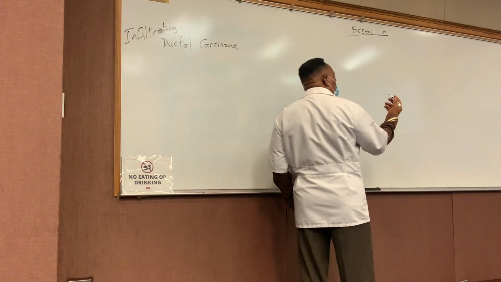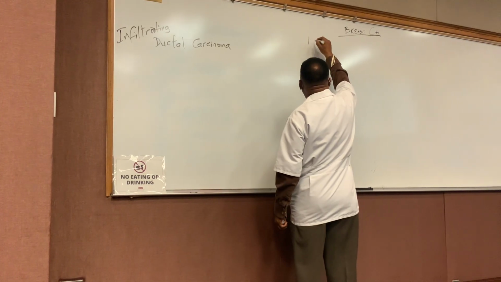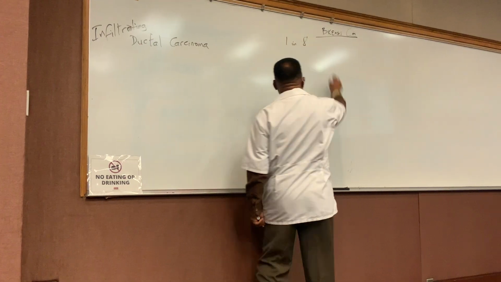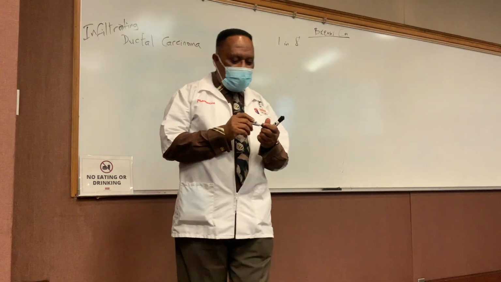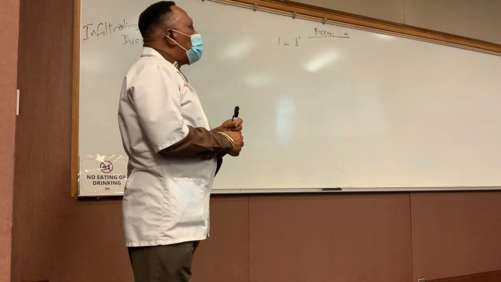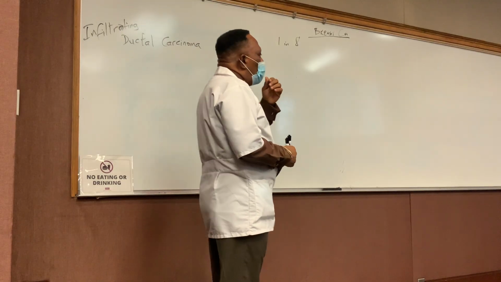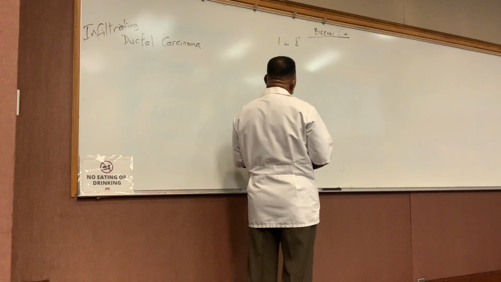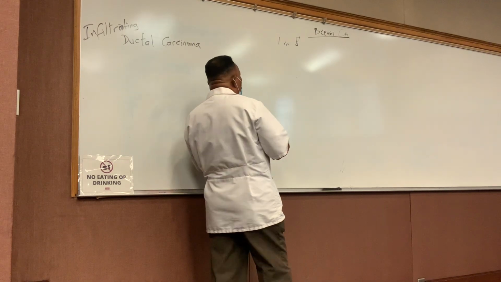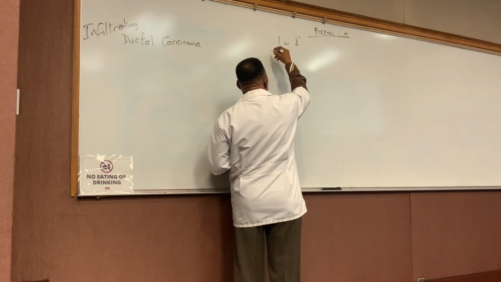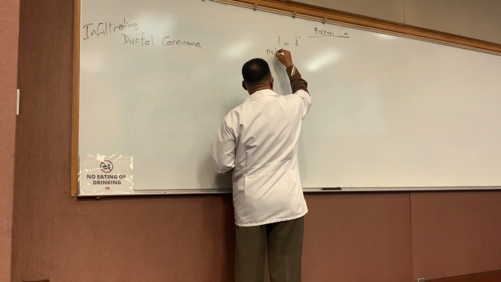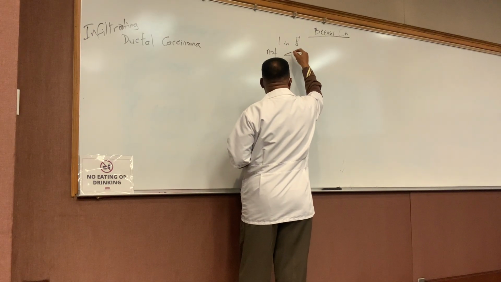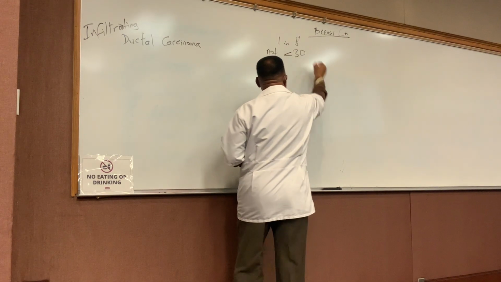In terms of incidence, about 1 in 8 Americans will come down with the disease, and usually you don't see it below the age of 30.